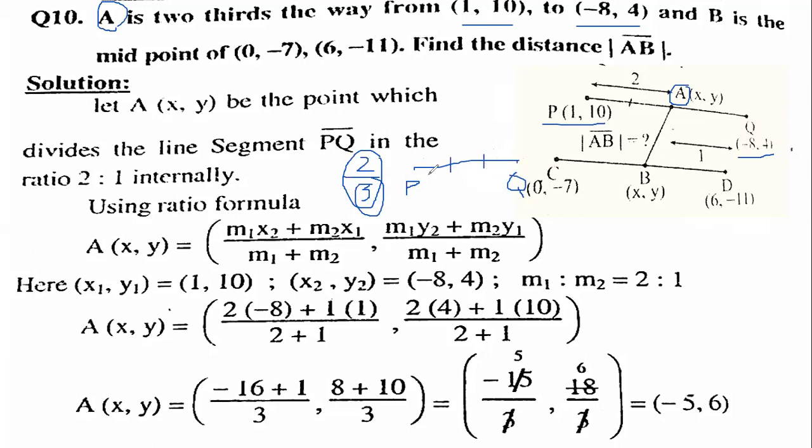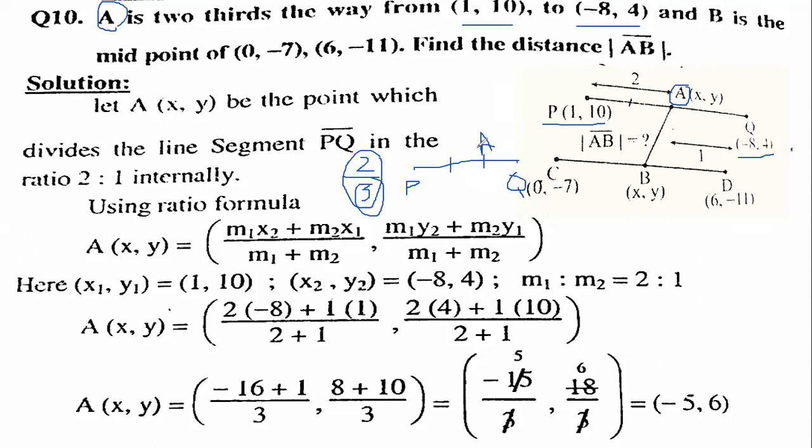Okay. So in this way, if we take a point at this position, this shows 1/3. If we take a point at this position, this shows that the position is 2/3. Clear? So we are taking the point at this position. In this way, we got the ratio in which A divides this line segment PQ.